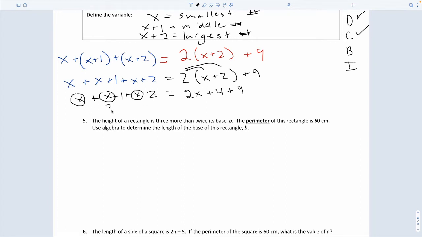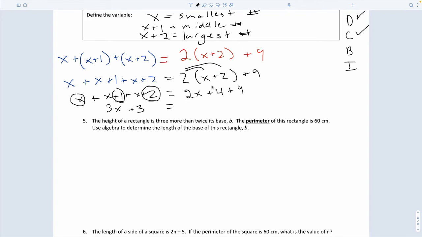3x plus 1 plus 2. Let me hide it, it got a little bit messy, sorry. So combine 1 with 2, what do you get? 3. Okay. So 3x plus 3 equals, what about the right side?